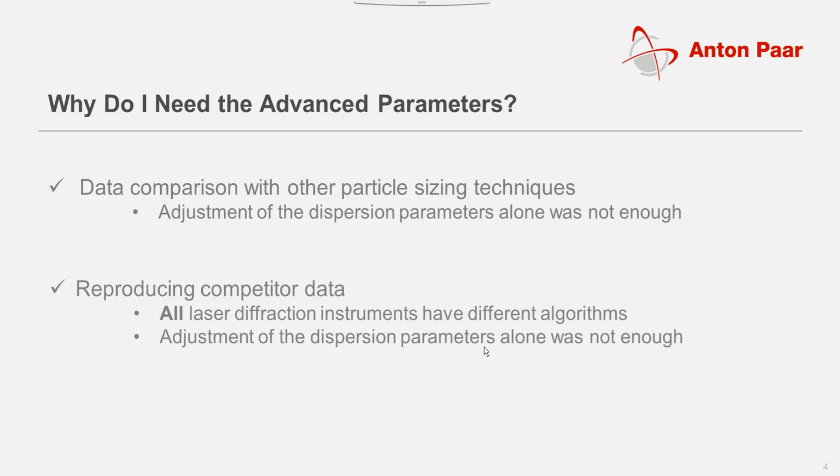But if this is not enough, advanced parameters can be applied. Be aware that laser diffraction instruments have a low reproducibility, not only due to differences in procedures for sampling or dispersion, but also due to differences between the algorithms which convert the intensity signal into the particle size distribution.